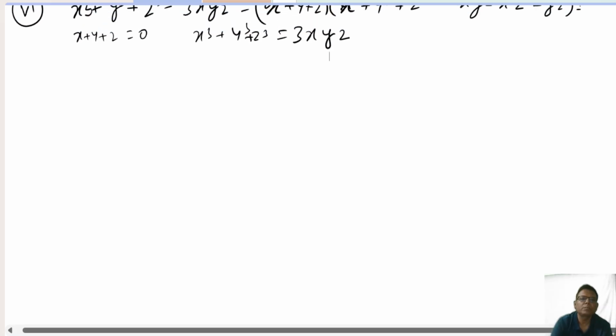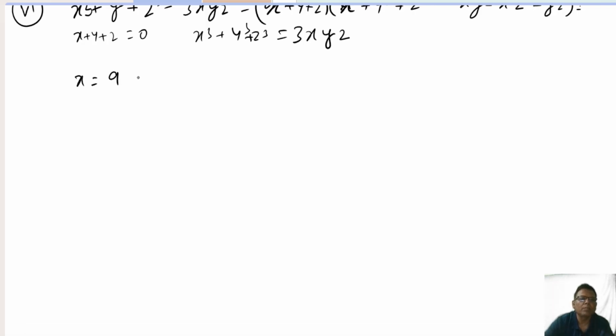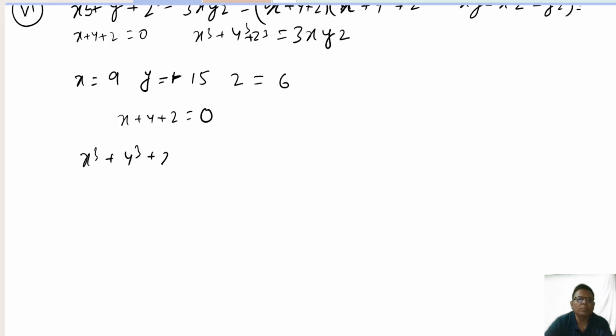Suppose x is equal to 9, y is equal to minus 15, and z is equal to 6, then x plus y plus z is equal to 0. So you have to find x cube plus y cube plus z cube.